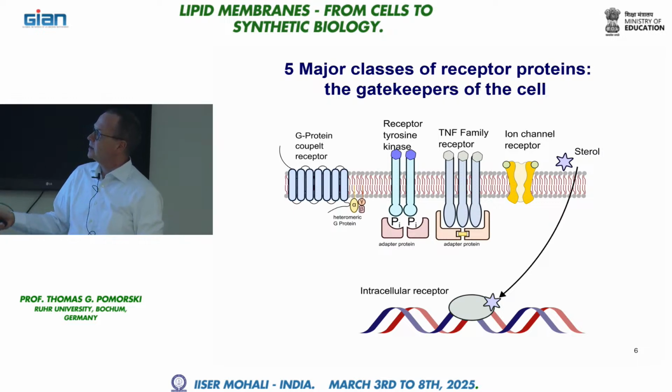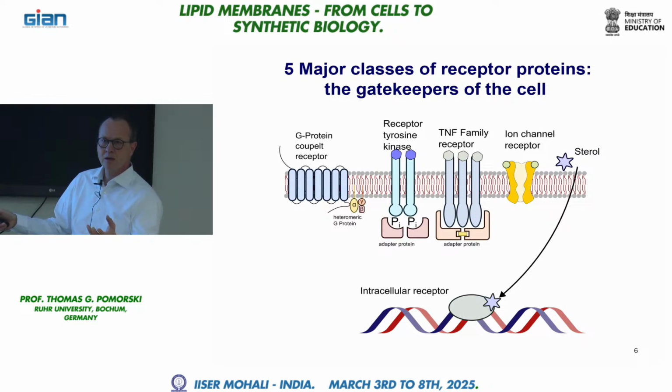It could be receptors that carry an enzyme activity. Those receptors by themselves are enzymes that can be switched on and off. That would be a receptor tyrosine kinase. Or it can be proteins that help to recruit other proteins, adapter proteins. It can be an ion channel. We talked about this yesterday.